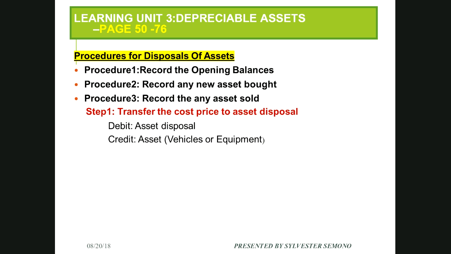Does that make sense? Because you bought it on credit. Normally when you trade in, the value of the asset that you trade in is not equivalent to what you were supposed to pay. So it means you trade in and you still owe them. Does that make sense?